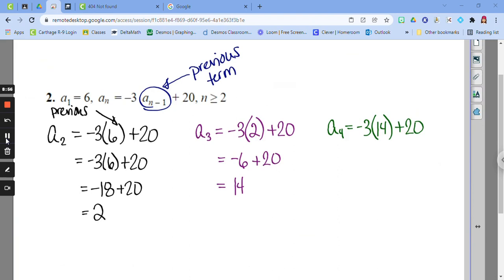All right. So, negative 3 times 14 should be negative 42. So there's the next 3. We want the first 5, so give me 2 more. Actually 1 more, sorry, we've already got the first term. So I just need the 5th term.